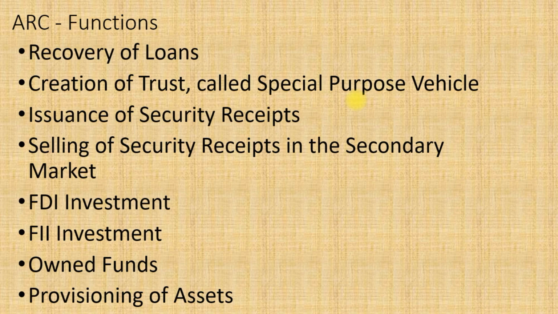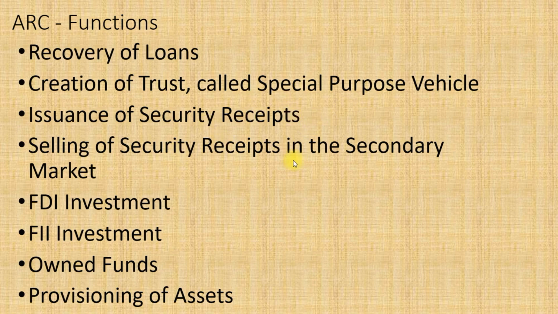Now next is issuance of security receipts. Asset reconstruction company also holds the financial assets on the basis of security available and issues security receipts to investors, mainly qualified institutional buyers, and gets the cash on realization of the financial asset when the security receipts get redeemed.